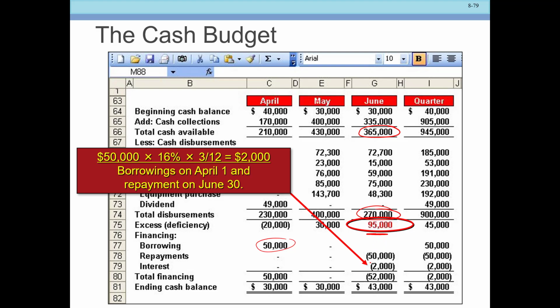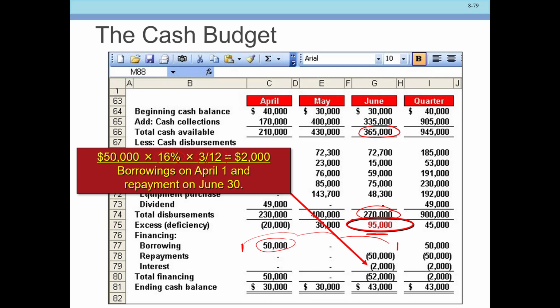And then this money has a cost, which is the interest rate. In the question he said, whenever we borrow at the beginning of the month and we repay at the end of the month, then in order to calculate the period that we borrowed the money for, this is one period, second period, third period, 3 months. So 50,000 multiplied by 16%, which is the rate, multiplied by 3/12. Why 3/12?